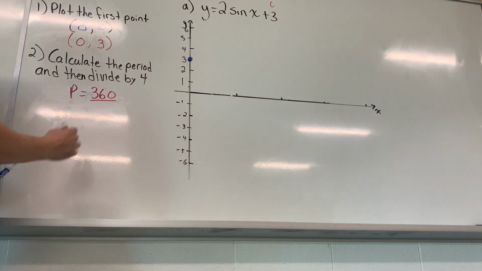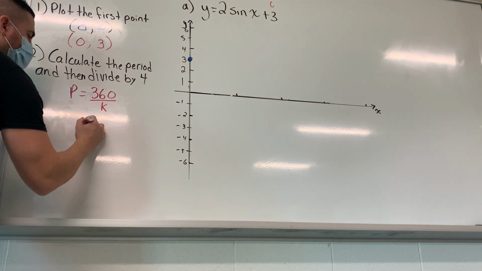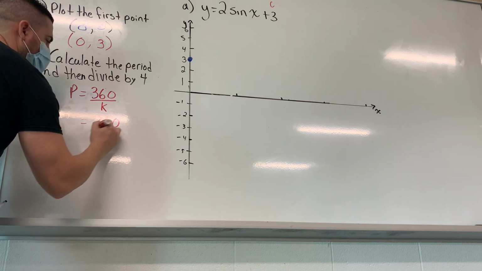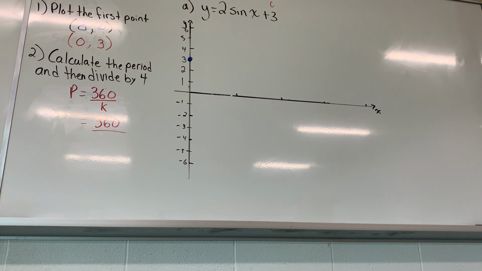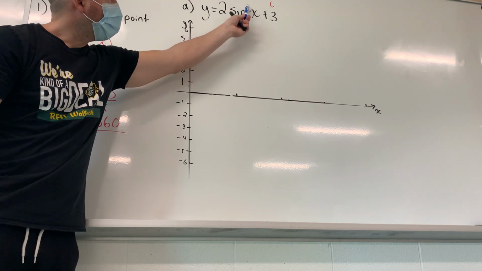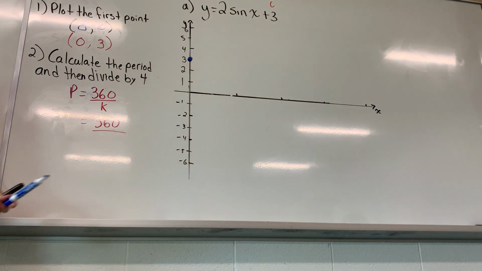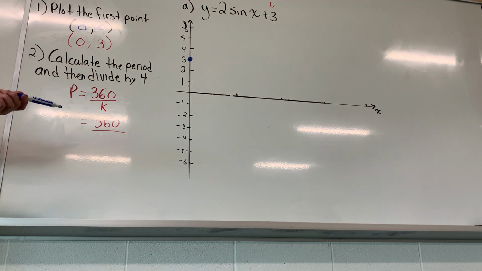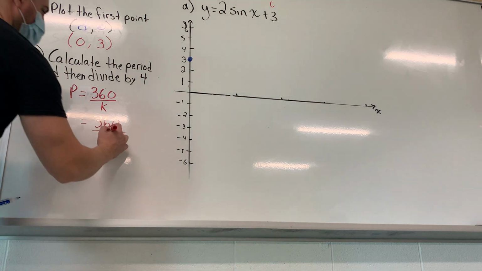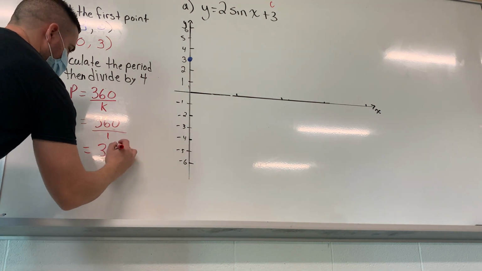What's our K value here? What number's in front of the X? 1. Okay, so it's a 1 here, not 0. If you put 0, you won't get an answer. So it's 1. So our period is 360 degrees.